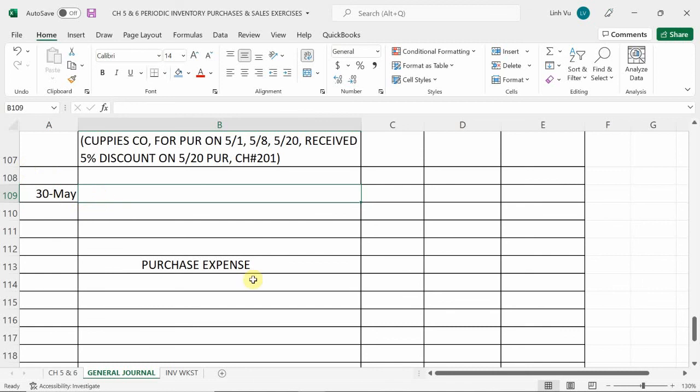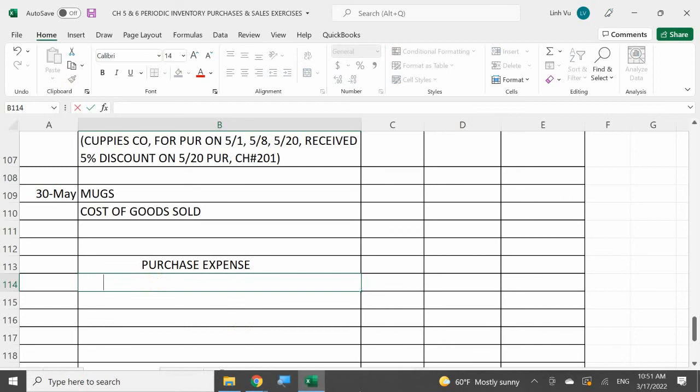Inventory. You need to recognize the inventory, which in this case, I was specific. I purchased mugs. What else do I need to recognize? COGS, which is cost of goods sold. What else? Freight.